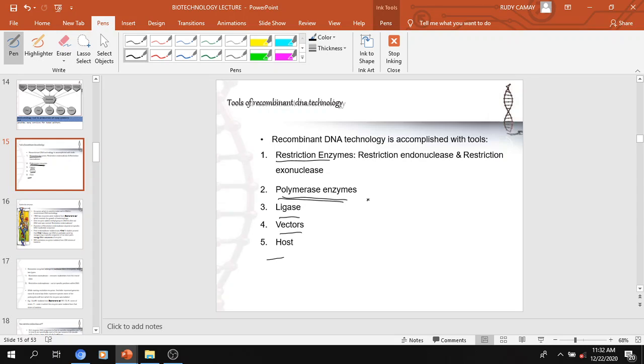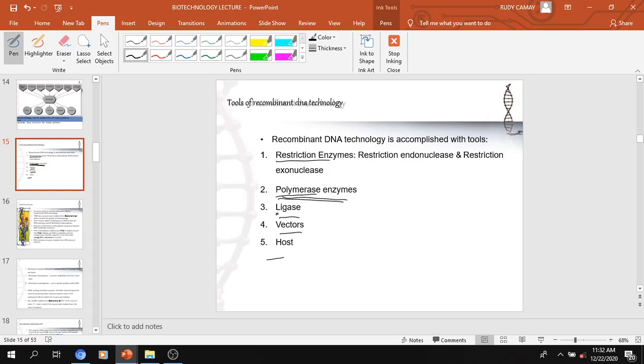extend the DNA strand that has been cut by the restriction enzyme.